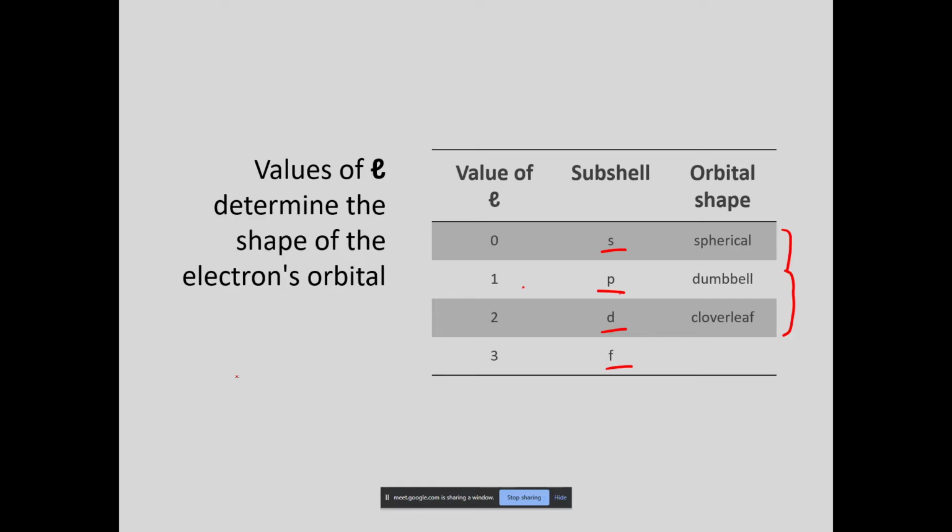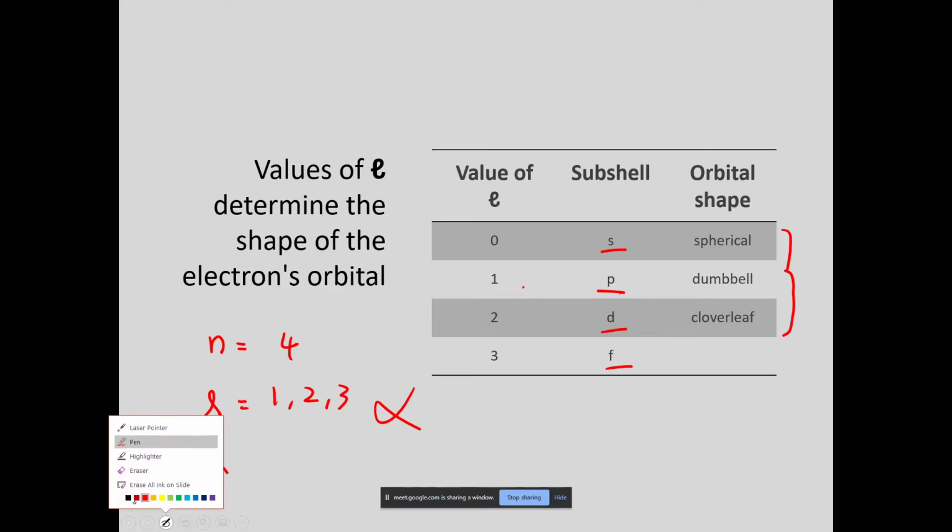A lot of people do a common mistake here. Bila contohnya n equal to 4. Okay, a lot of people yang do a common mistake cakap L value dia is 1, 2, 3. This is wrong sebab you tertinggal. Always remember L value always start dengan 0, 1, 2, 3.